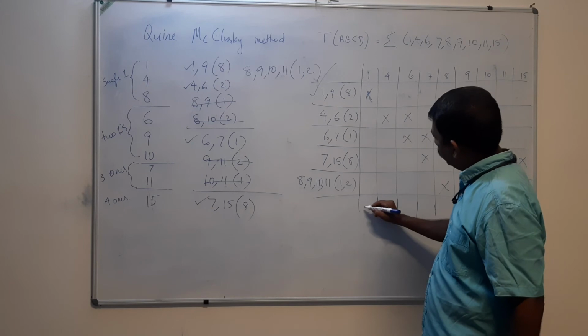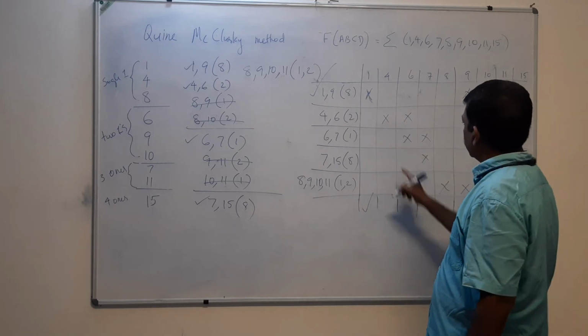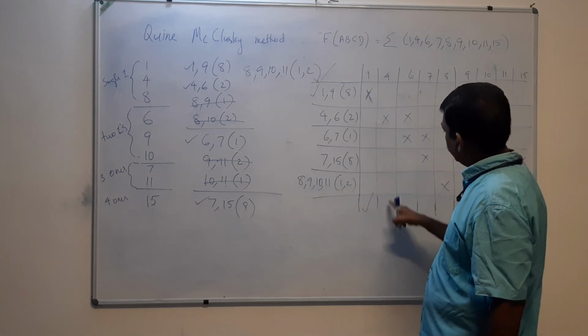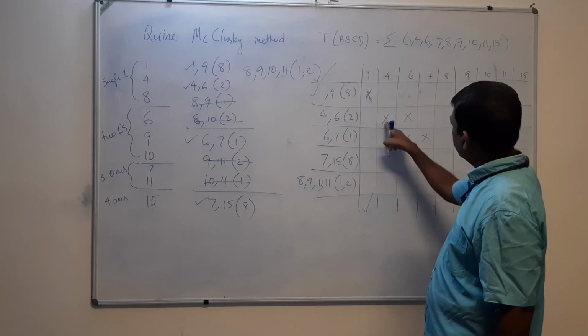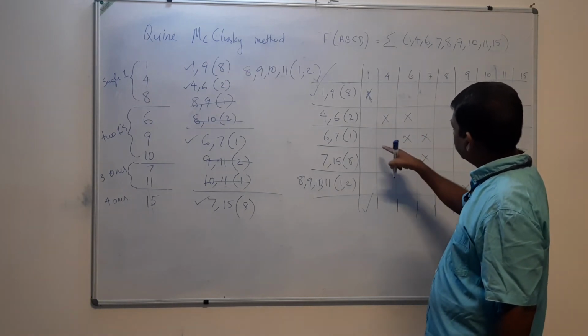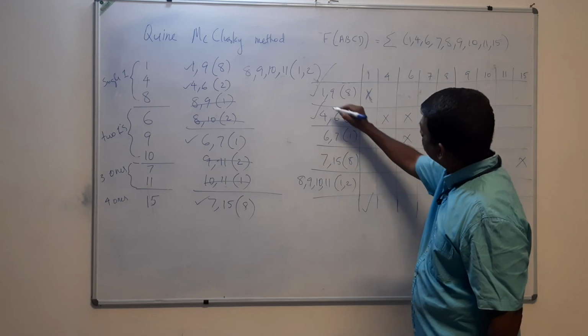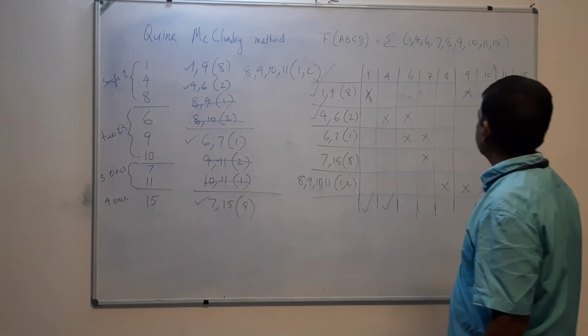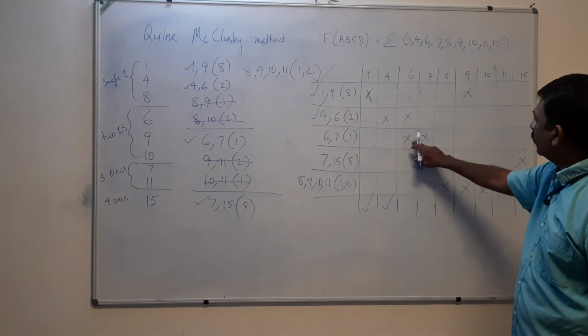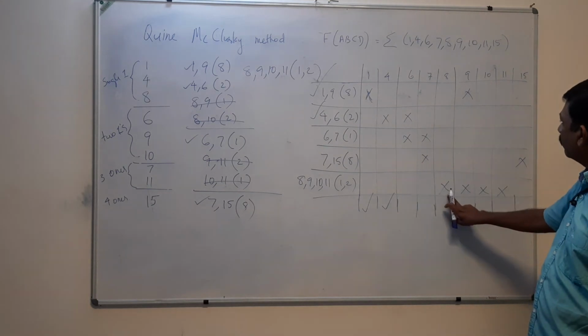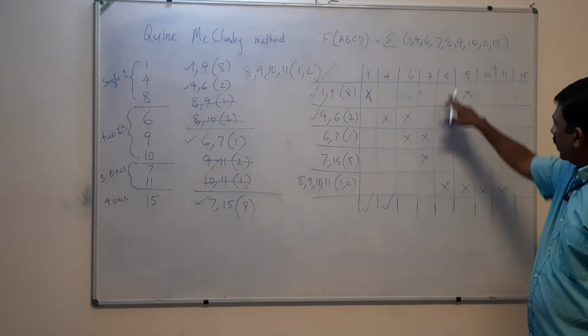That means we have selected this also. In this column also we have only a single x, so you have to select this and at the same time select this. So this is having 2, this is having 2, this is having only a single x in it.